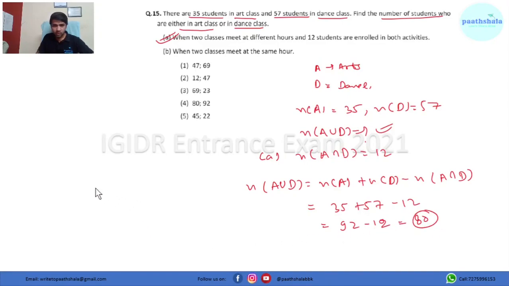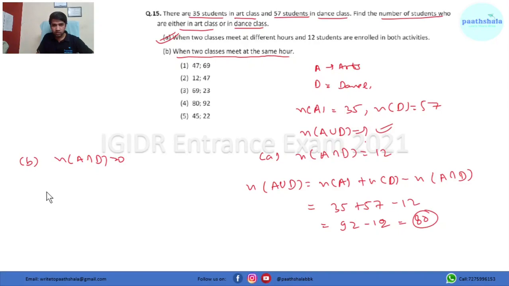Okay. Now let's talk about the second part. So in the second part, it is saying when two classes meet at the same hour. So when two classes are meeting at the same hour and no students are enrolled in both activities, it is not mentioned here, but it basically means that no student is enrolled in both the activities. So in this case, n(A intersection D) will be 0.